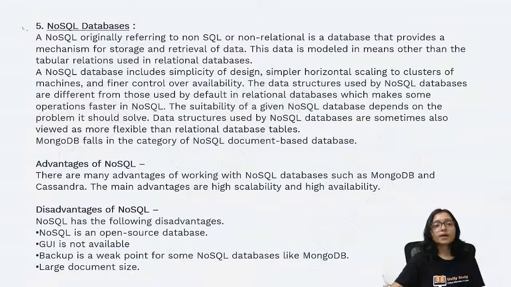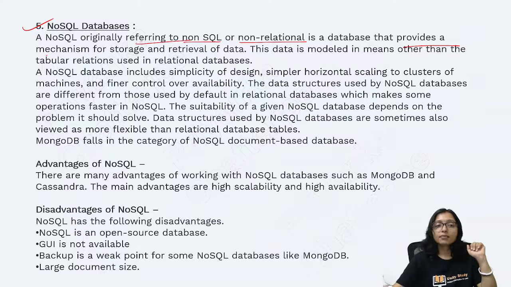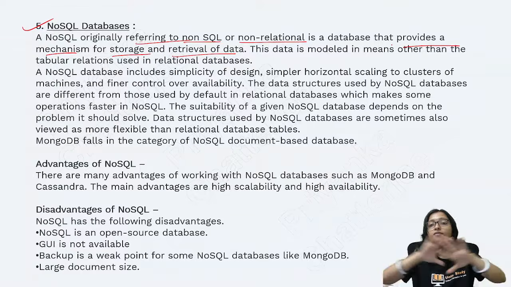The last one is the NoSQL database, which is very popular nowadays. That is a flat system. Here there is no table, nothing. NoSQL originally referred to non-SQL or non-relational, no table format, nothing. It is a database that provides a mechanism for storage and retrieval of data. The data model is a totally flat system.